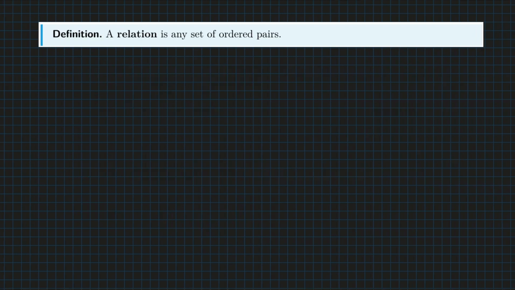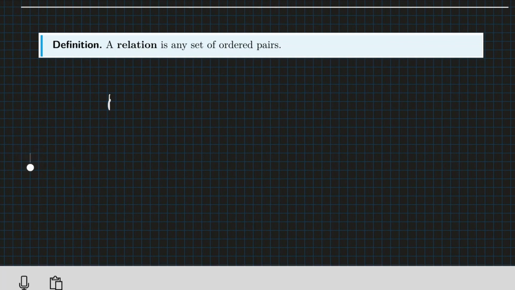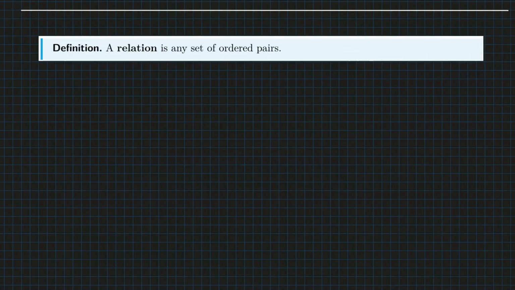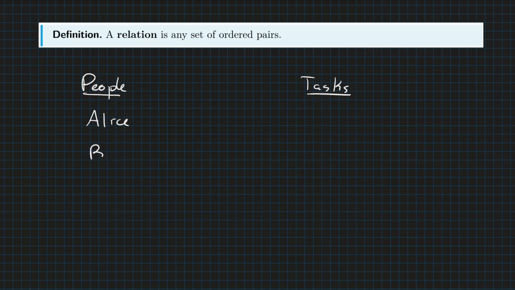In another example of a relation, say we have a list of people and tasks. So let's label the people. I'll go with Alice, Bob, and Carol.